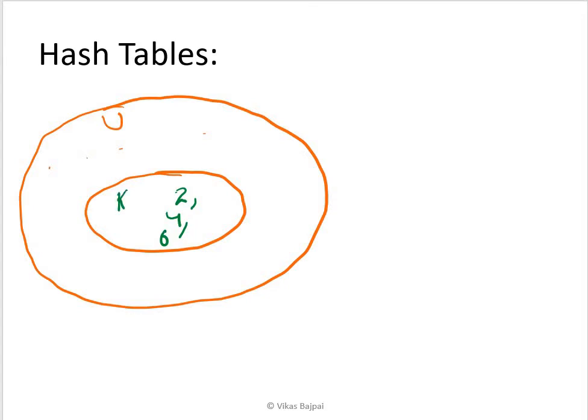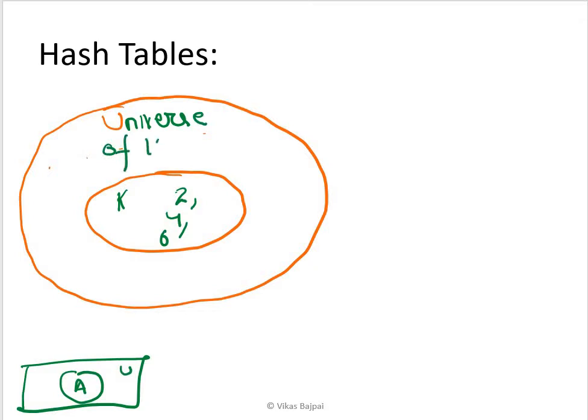And this is a universe. Recall your set theory. We had a universal set, and then in between we had something for our usage. So this was the universal set, this was set A. So here assume that this is a universe of keys, where we have all sorts of values, not only these 2, 4, 6, but some random ones like 1, 3, 5, 9, and so on and so forth.